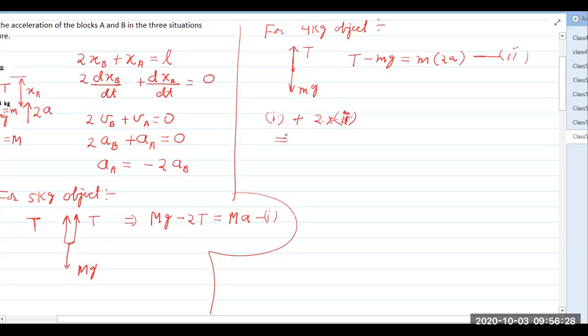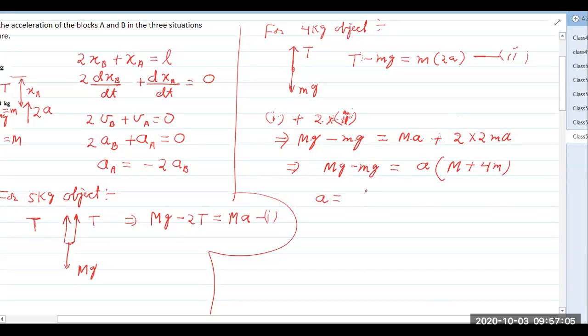Double of equation 2 gives 2T, which cancels with the 2T in equation 1. So we get Mg minus 2mg equal to Ma plus 2m into 2a, that is Ma plus 4ma. So Mg minus 2mg equals a times (M plus 4m), so a is g times (M minus 2m) divided by (M plus 4m).